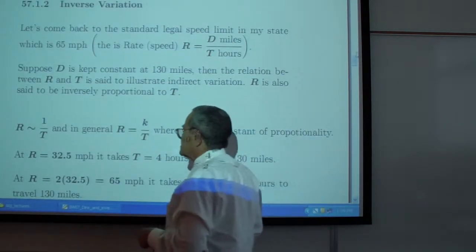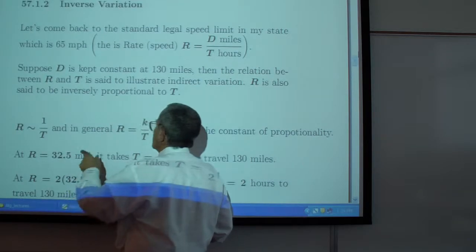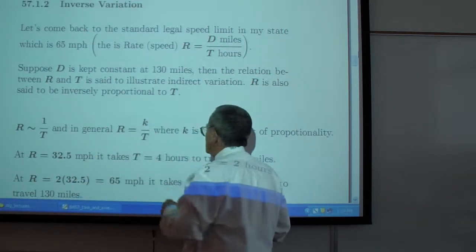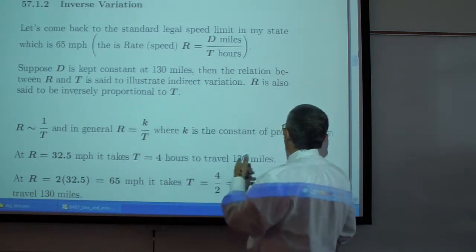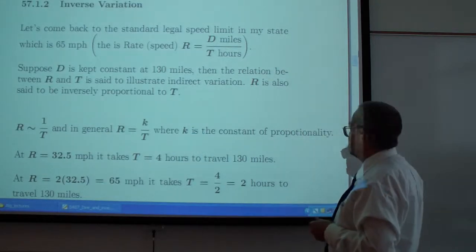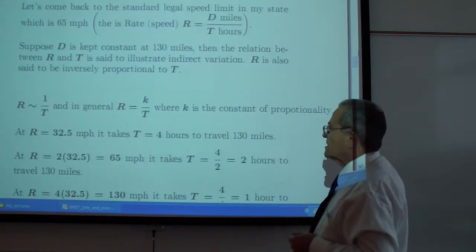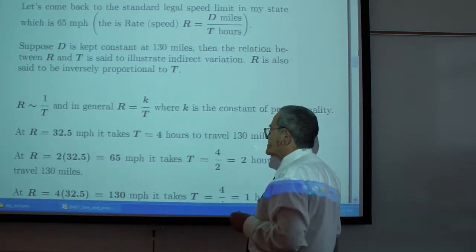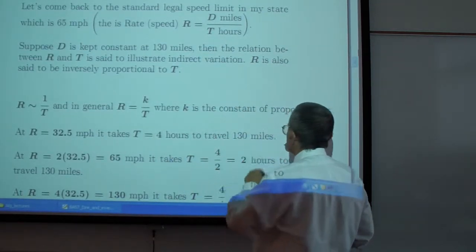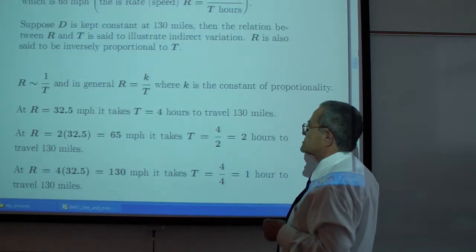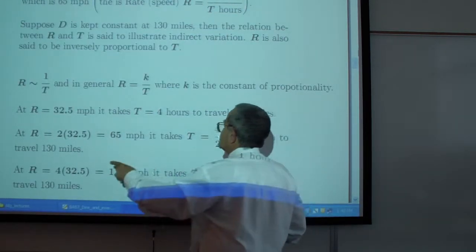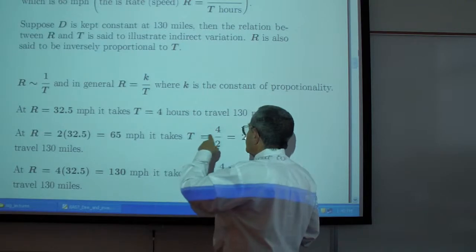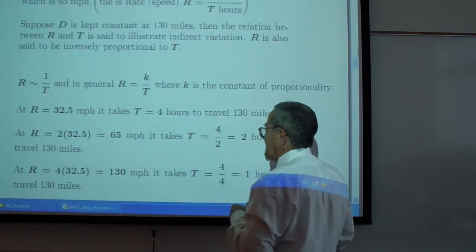R is inversely proportional to t, and in general r is k over t, where k is again the constant of proportionality. If r is 32.5 miles per hour, it takes t 4 hours to travel 130 miles. If r is doubled, then t is cut in half.